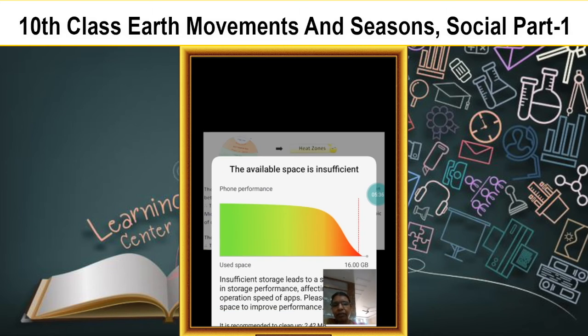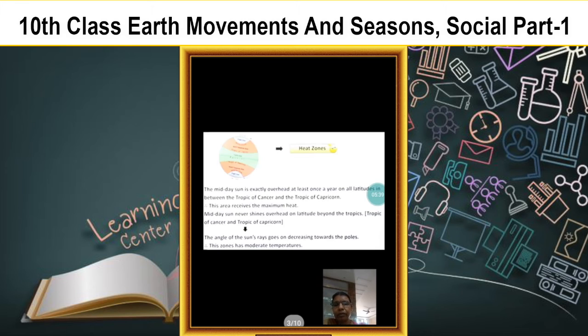Here we see the white part, which is the frigid zone between the Arctic Circle and the North Pole. The orange part is called the temperate zone, but the white part is called the frigid zone, near the poles, North Pole and South Pole.